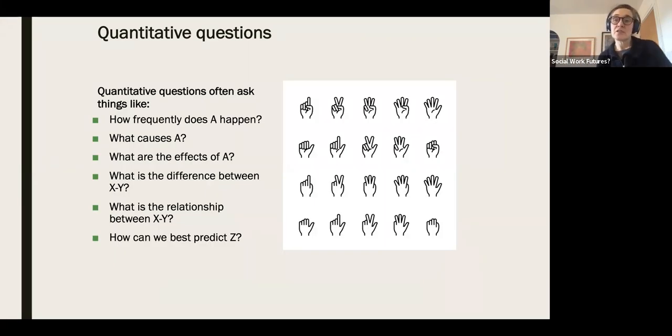On quantitative research questions more specifically, quantitative research by definition involves measuring, and this can be undertaken for different purposes. A first question might be, how frequently does A happen? For example, how many children are accommodated by a particular local authority in a given time?